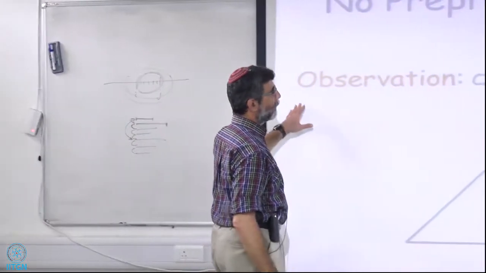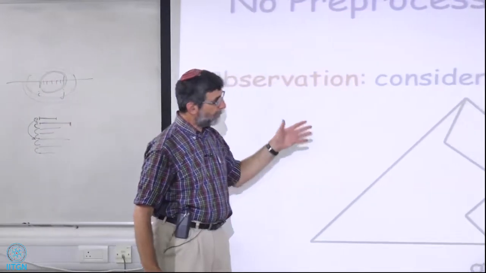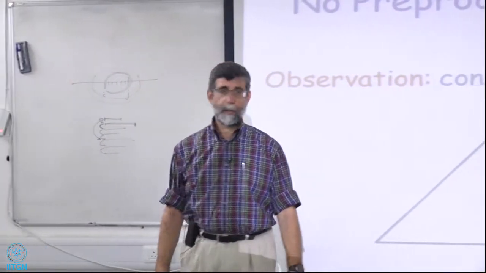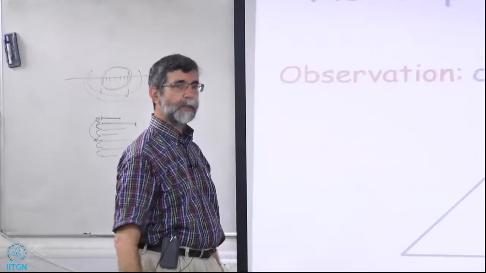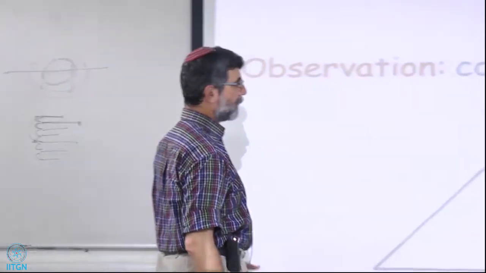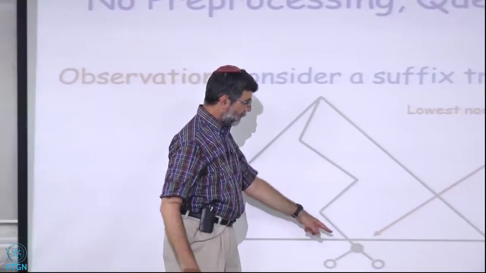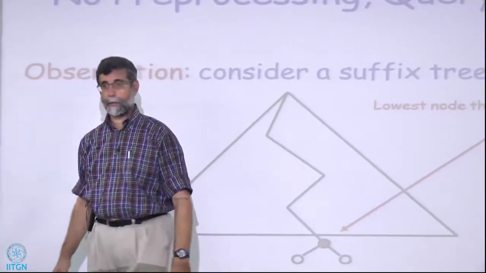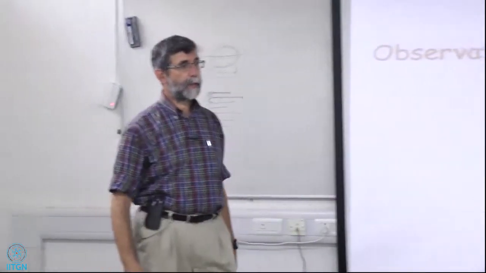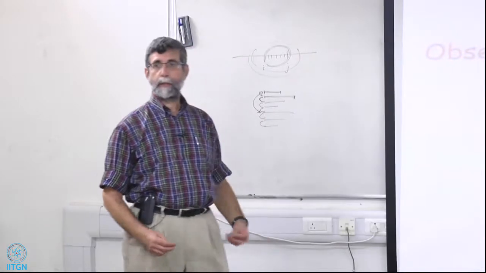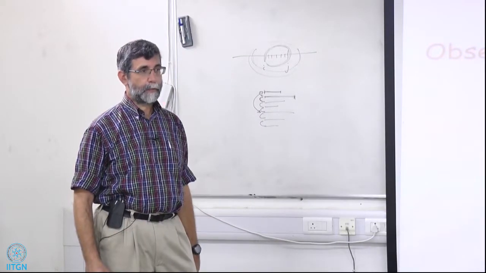So let's now look at the suffix tree, which is fresh in your mind because you saw it just yesterday. If you have a suffix tree, the lowest node that has two children is going to be the LCP of any two points in the range of that suffix tree.